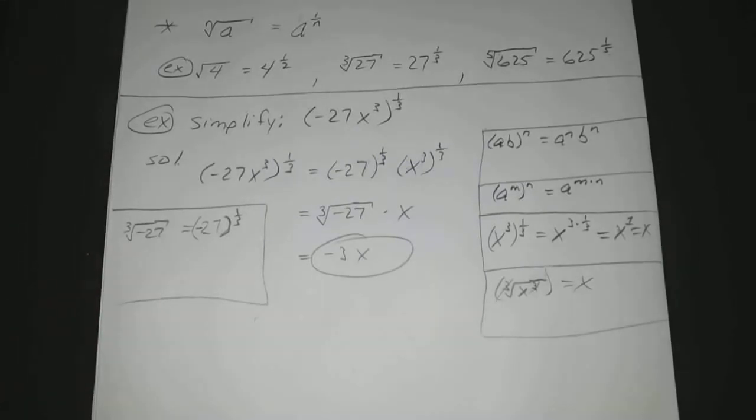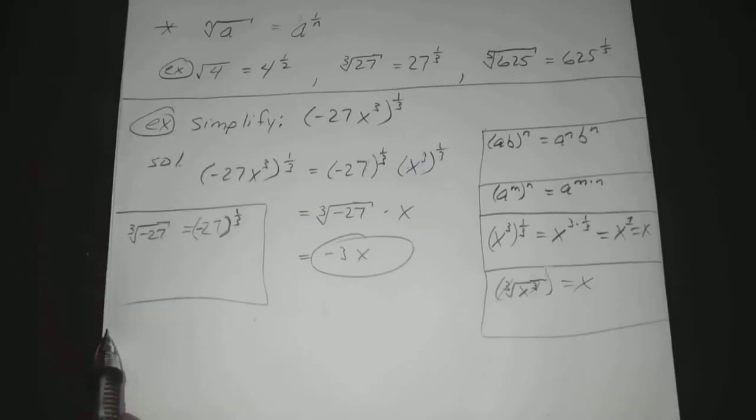And you don't have to do that, just sometimes they rewrite it into root form. Kind of looks a little more familiar. Okay. Any other questions on that one? All right.